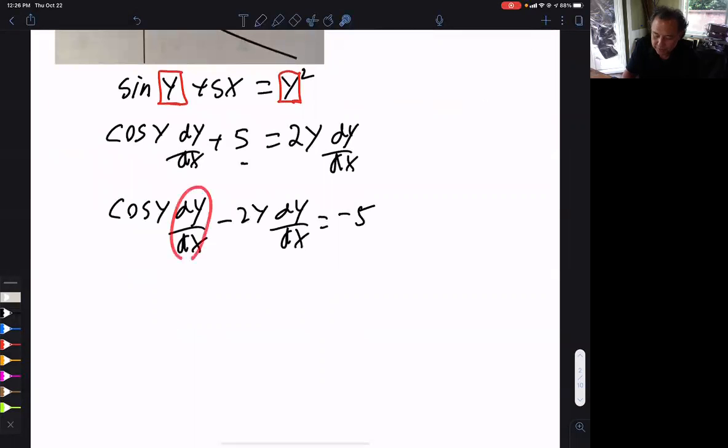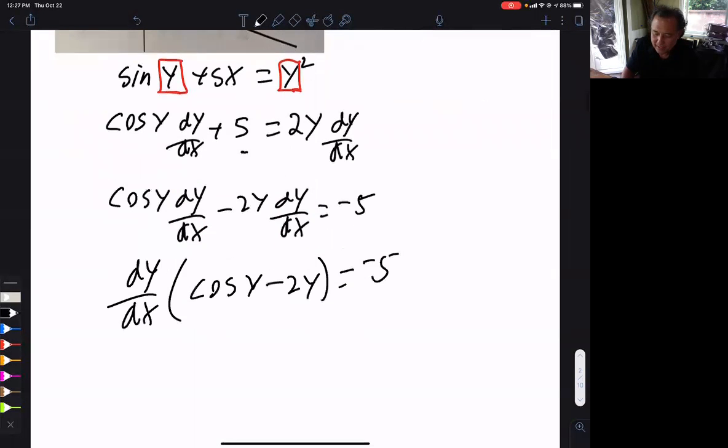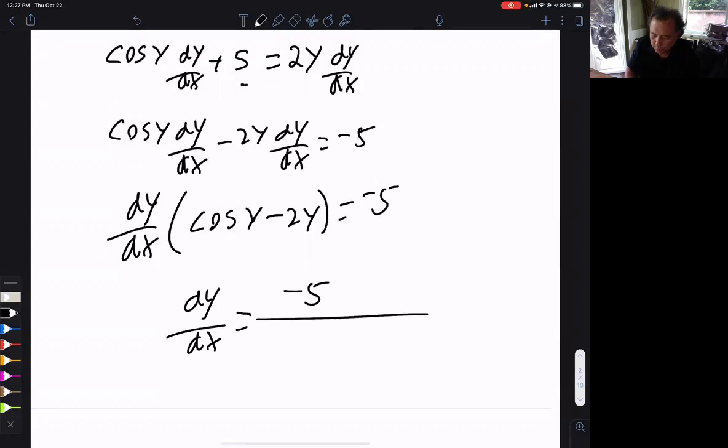I have a common factor of dy dx's. I'm going to take those out. And I have cos y minus 2y equals negative 5. And then the last step, I divide both sides by that blob. And I get dy dx is negative 5 over this.